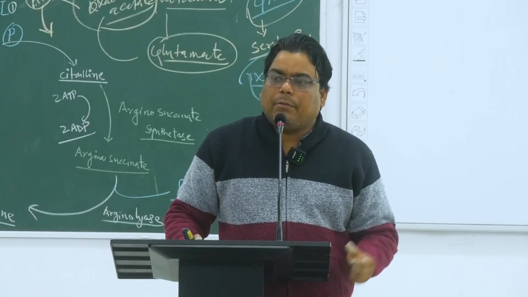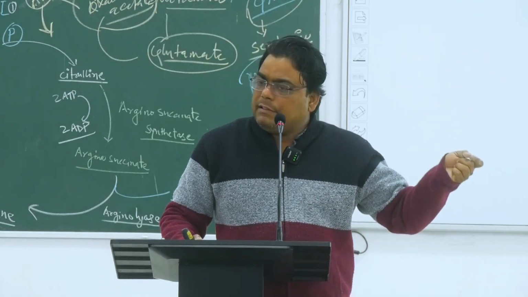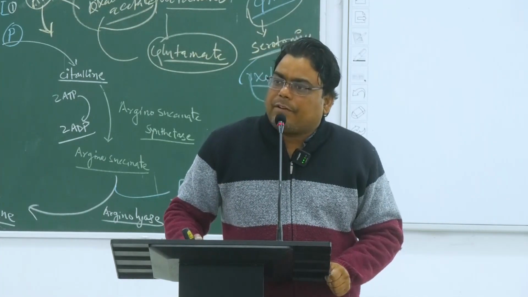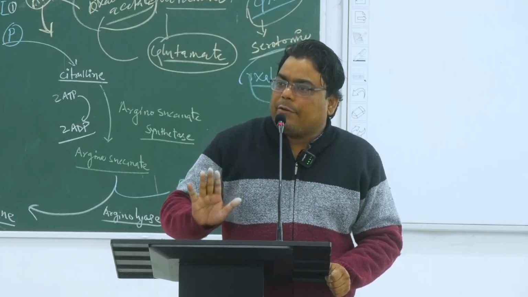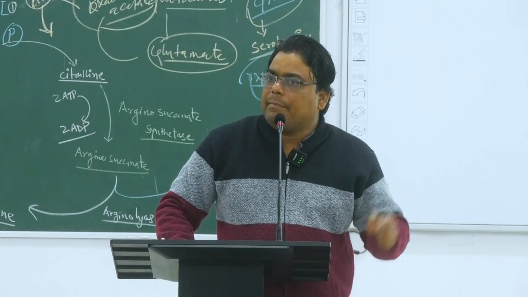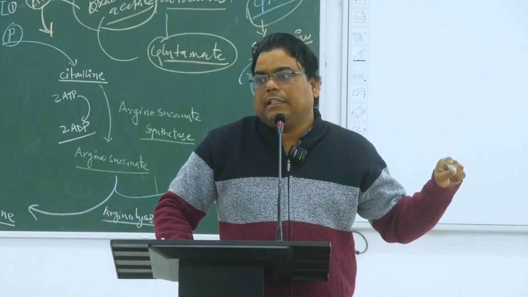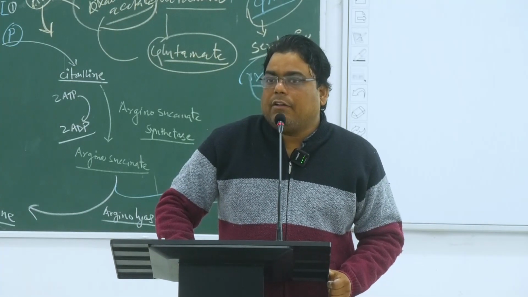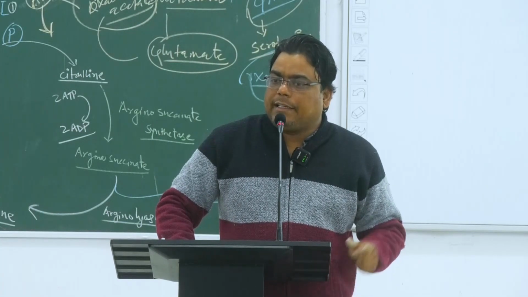So how will you treat it? How will you diagnose it? If there is a high level of ammonia, if there is a high level of transamination reaction, then the person suffers from different kinds of liver disease, that is acute liver disease. It might be viral hepatitis, it might be fatty liver disease. If the person has liver cirrhosis, then there is a high level of urea in their blood. And from this, it can be detected.